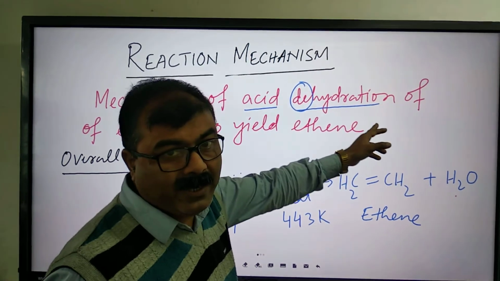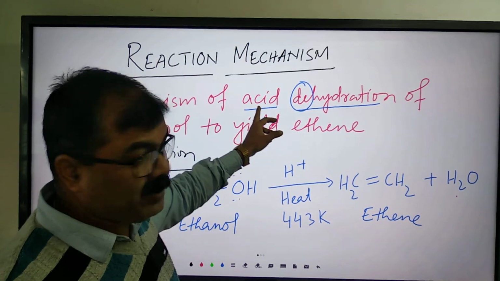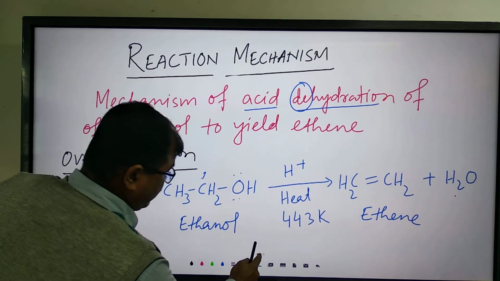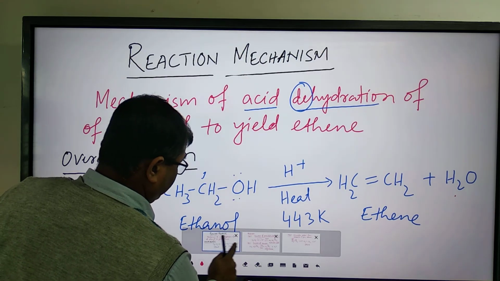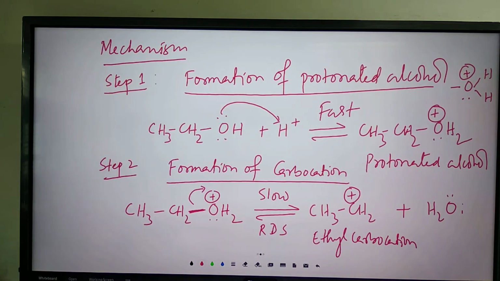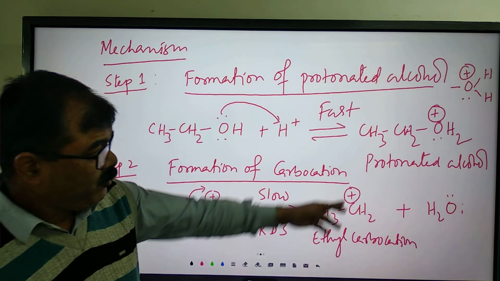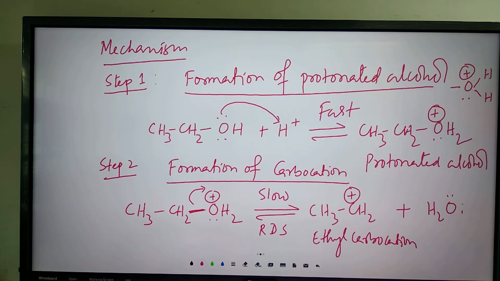That is why it is called dehydration, and in the presence of acid, so acid dehydration. Next, the mechanism. Step 1 is formation of protonated alcohol. Alcohol is a weak base and is protonated.